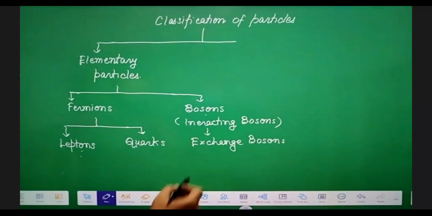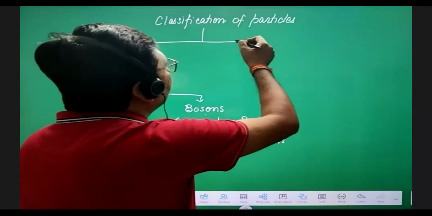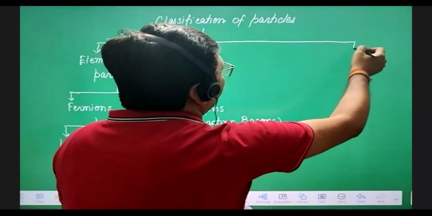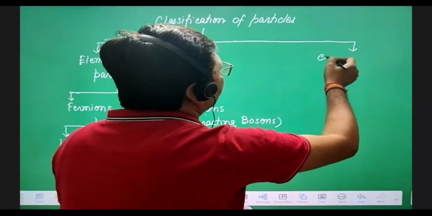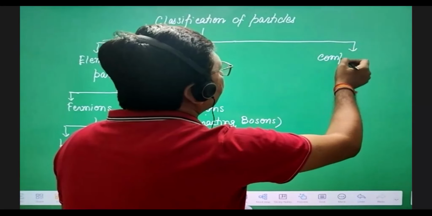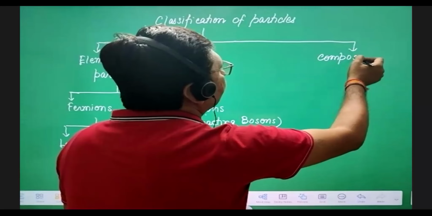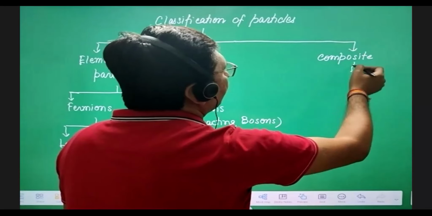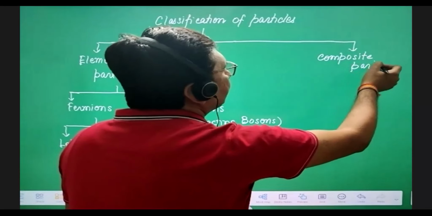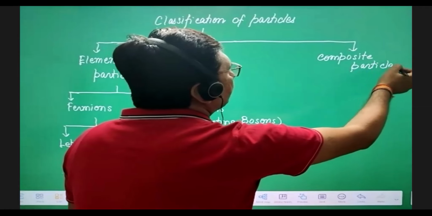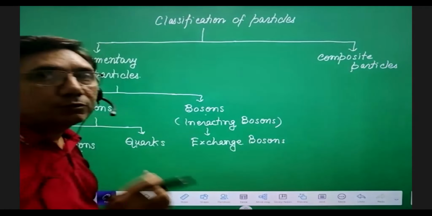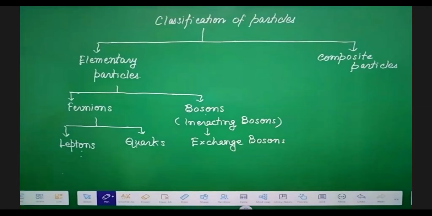Now, the second category is composite particles. Composite particles are those particles whose quark structure, or internal structure, is known to us.